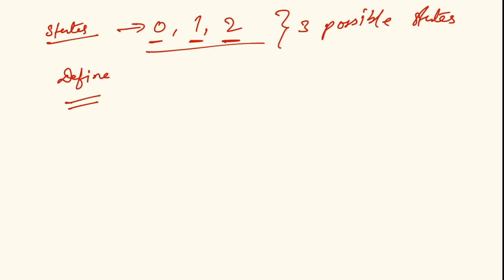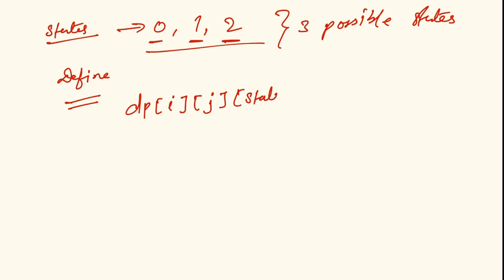If we want to define this as a DP, how will we define it? At any day I, up to j transactions will be used, and there are 3 possible states.